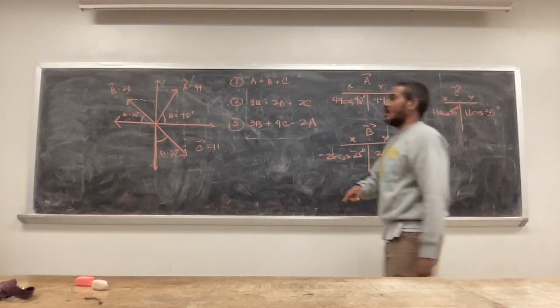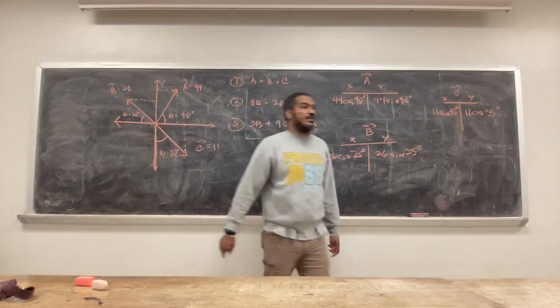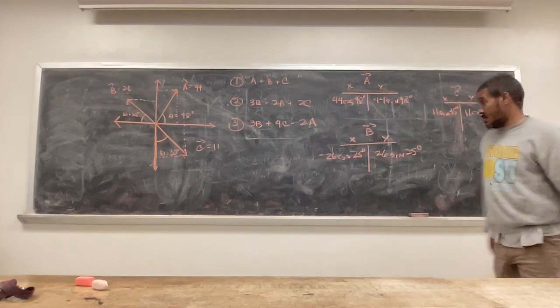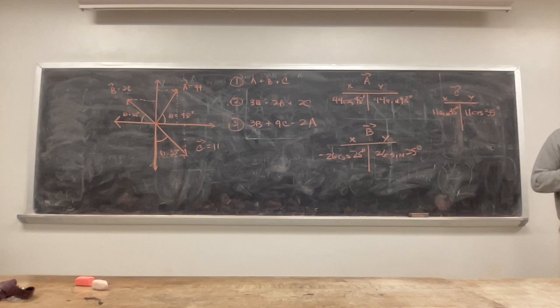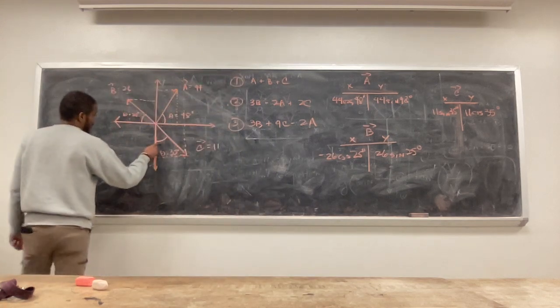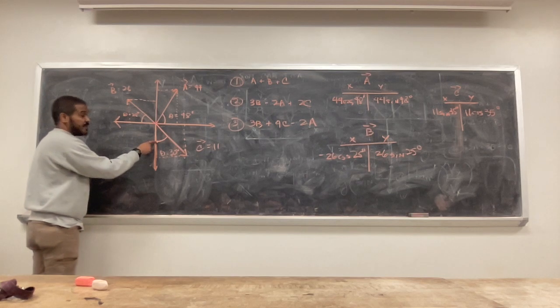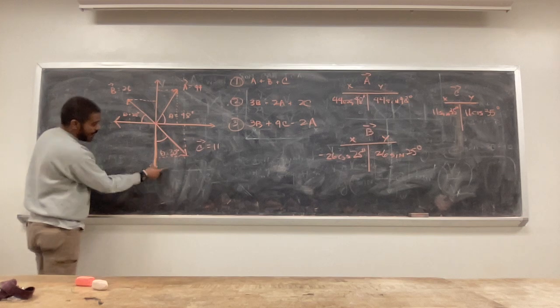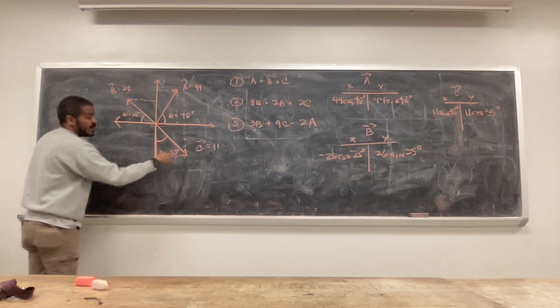Why is the x sine instead of cosine for C? Because sine is the opposite. So we take the opposite of this angle. It's the x component.